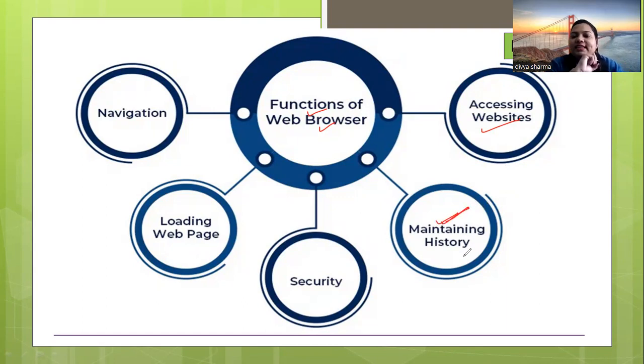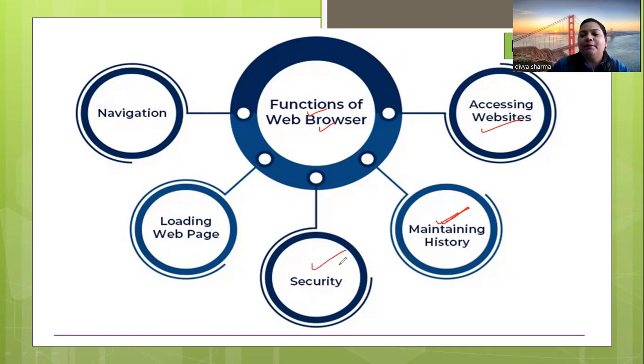If you are searching a website on a regular basis or on alternate basis, the history of that website is stored in the cookies and in the history of the web browser, and all the data is stored in the history of the web browser.